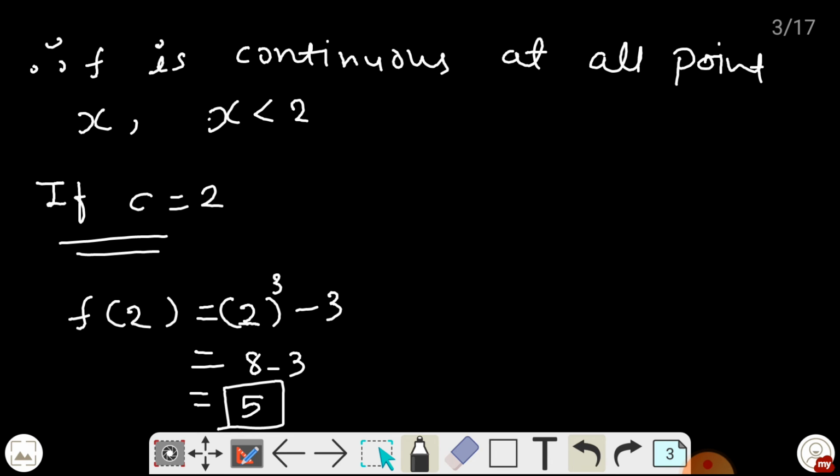Now we have to check our left limit and our right limit at the point 2.